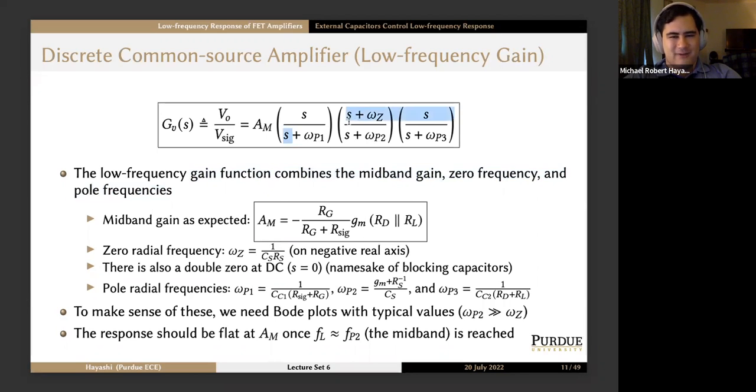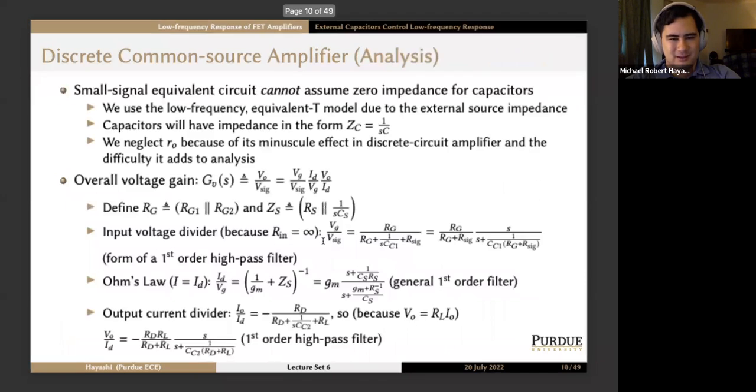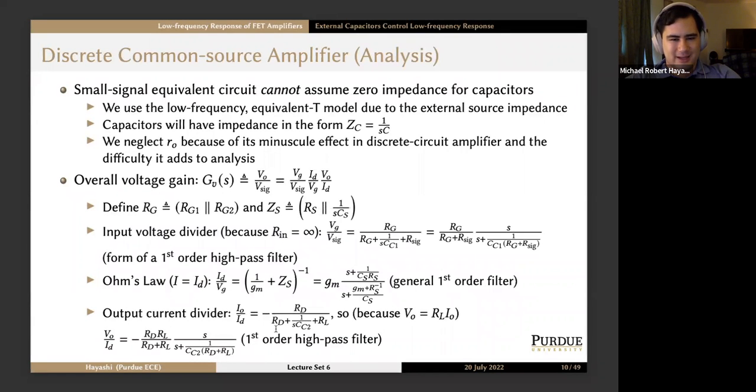So this is all factored out so that it's easy to see, okay, we got zeros and poles. Like we said, you can always factor a rational transfer function this way. So we have a midband gain, which is A sub M equals negative RG over RG plus R sig times GM, RD in parallel with RL. Because we have a negative sign from the third factor.